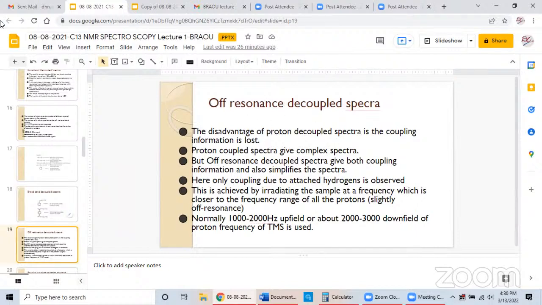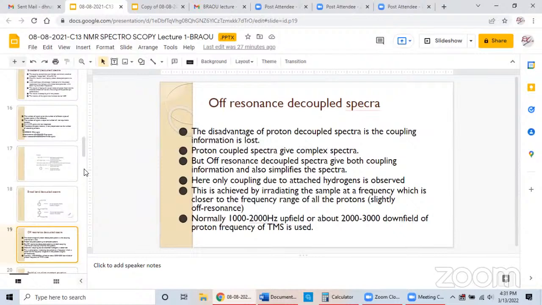It is not the resonance frequency of protons. It is slightly off the resonance frequency of the protons. So with the result, what happens? Coupling information is not completely lost. Only the coupling between carbon and directly attached hydrogens is observed. But that is also residual coupling only, not full coupling.